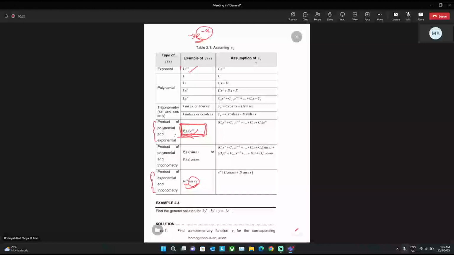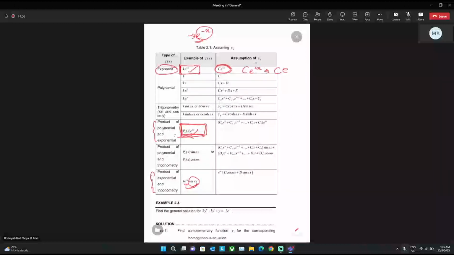So the best match is the exponential type of f(x), and your yp can be assumed as c exponential nx. We don't know c, so we leave it as C.